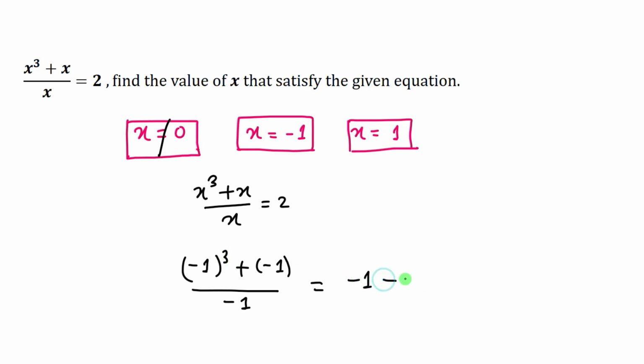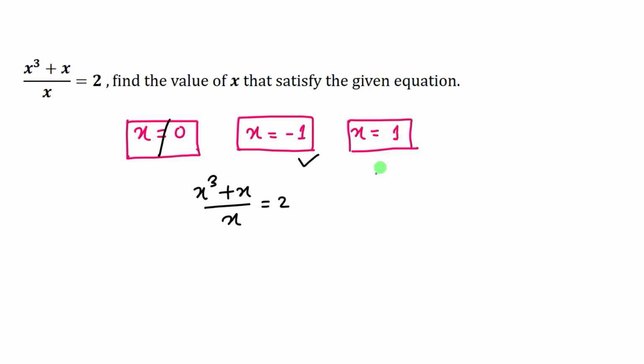And here we have minus 1 divided by minus 1. So minus 1 minus 1 is minus 2, divided by minus 1. So the minus signs will cancel out. So here we are getting 2, which is the right hand side of the equation. So x equals minus 1 is satisfying the equation.